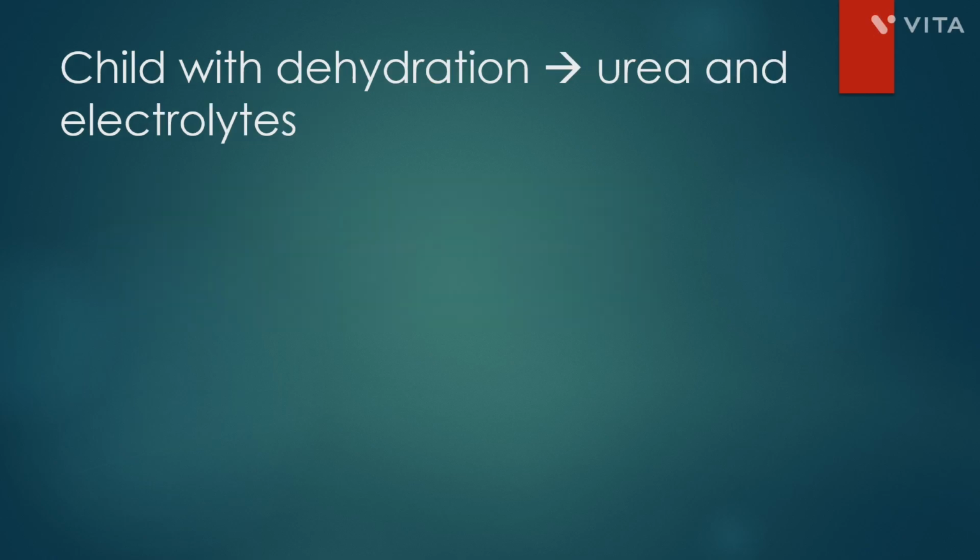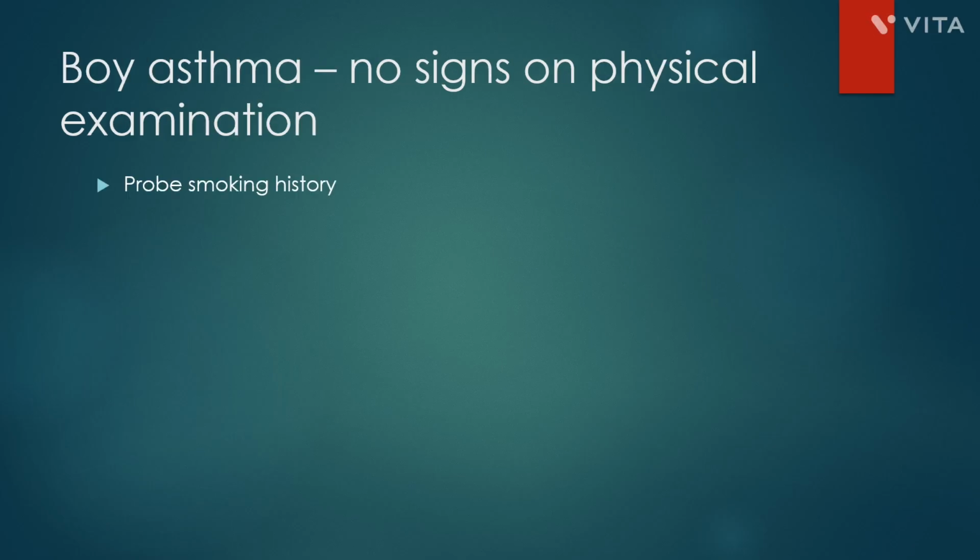Then a child with dehydration, what is your first line investigation? Urea and electrolytes. Then a boy with asthma who was controlled with the inhaler. There are now no signs on physical examination, but recently, he's around 17 years, he's having to use that inhaler frequently, and he is reluctant to use it in front of his newfound friends.